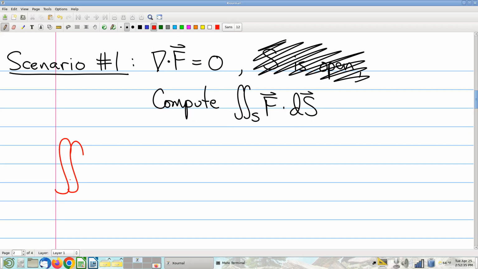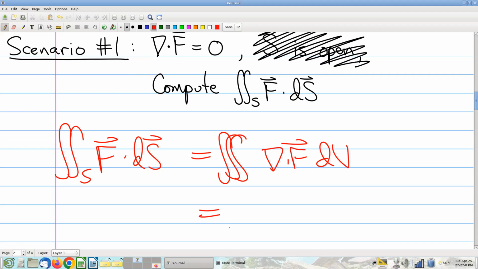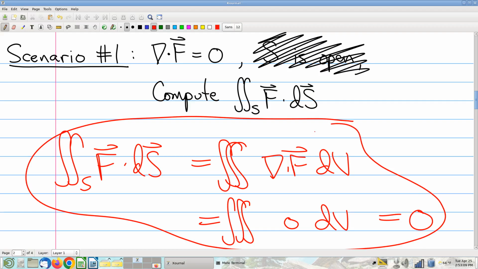And then they will write down flux through S, F dot dS, equals triple integral divergence dV, which is, of course, triple integral of 0 at this point, which is 0, and then stop and think that they've gotten the right answer and walk away. And tragically, what they've written down here is all wrong.